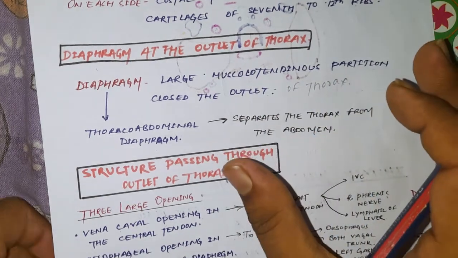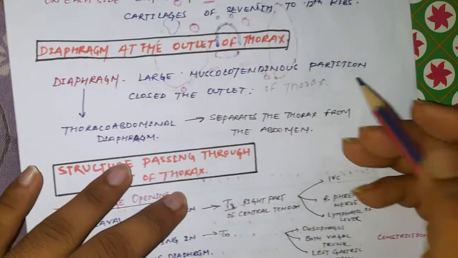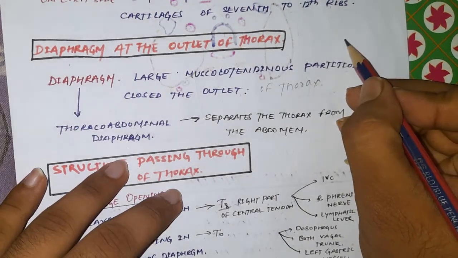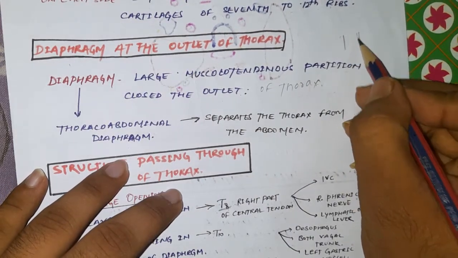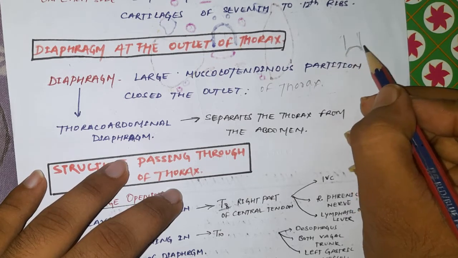This diaphragm is present inferiorly, and it closes the outlet. We see that this is the thorax. From here we see a dome-shaped structure called the diaphragm.